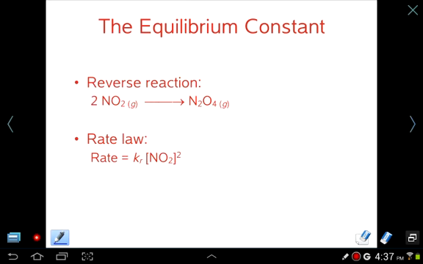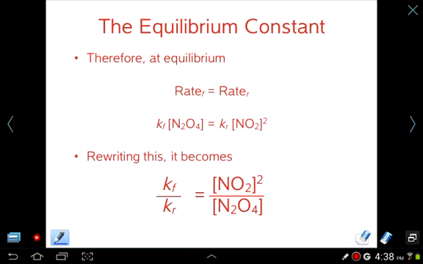We can then likewise do for the reverse reaction. We can say, well, our products are now turning back into reactants, so we can rewrite this equation and derive a rate law for it as well. And we can say this constant is the constant of the reverse reaction. And now what we'll do, because we said that at equilibrium both the forward and reverse reactions equal in rate, in other words, they don't stop occurring, they just occur at the same rate, we can take the two rate laws, because our two rates are equal at equilibrium, and make them equal to one another.